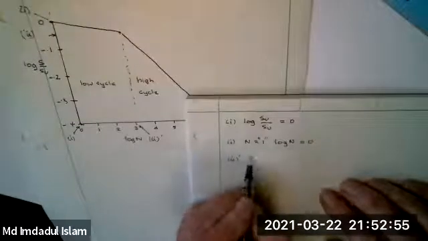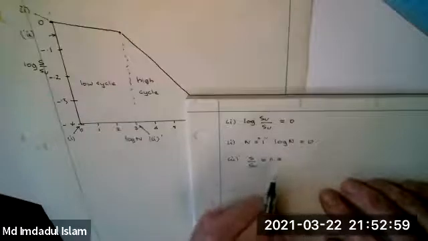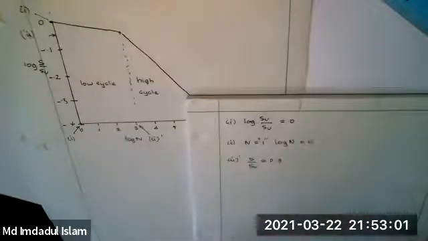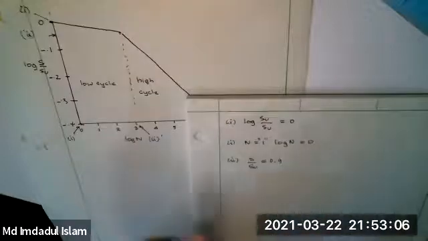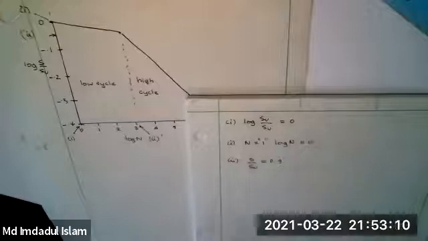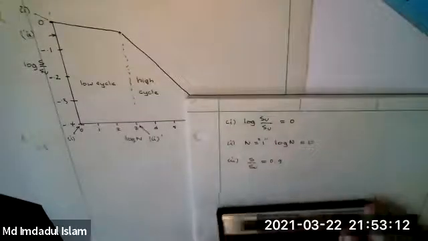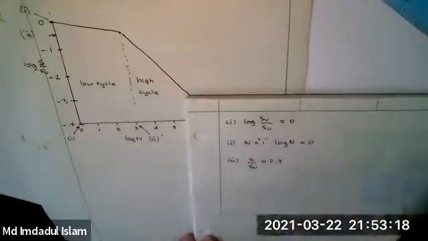So here we have S over SU is 0.9. I'm getting this point here. Okay. And log of 0.9 to the base 10 is minus 0.05.